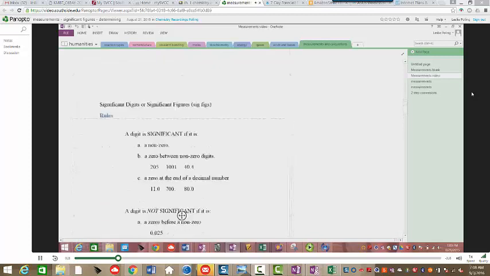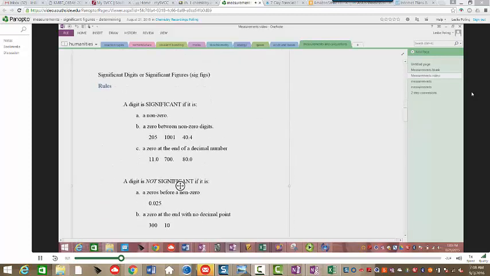Okay, in the last one, we talked about uncertainty in measurements. All measured digits are significant, but if you weren't the one taking the measurements, you've got to look at what someone else did. So, first rule, if it's not a 0, it's significant.